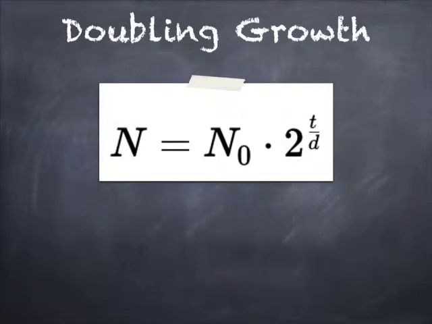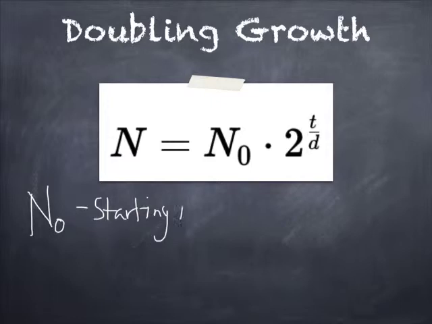So this is the doubling growth formula. This happens a lot with bacteria or populations of people, and this is represented thusly. N sub 0 is the amount you start with. So this is the starting amount. And it should double every d years.